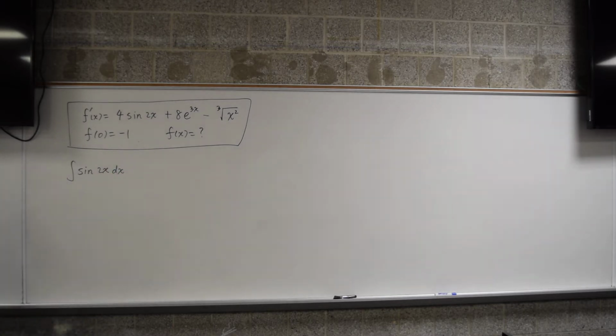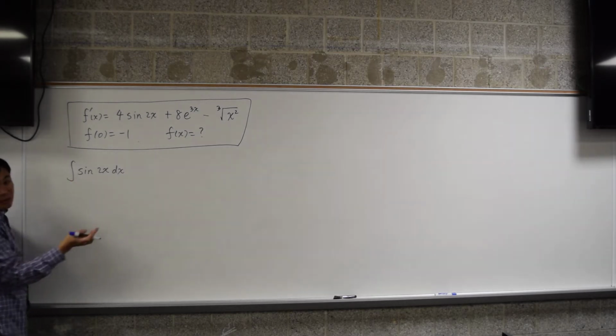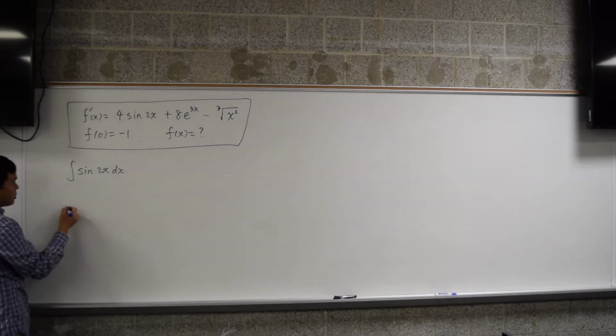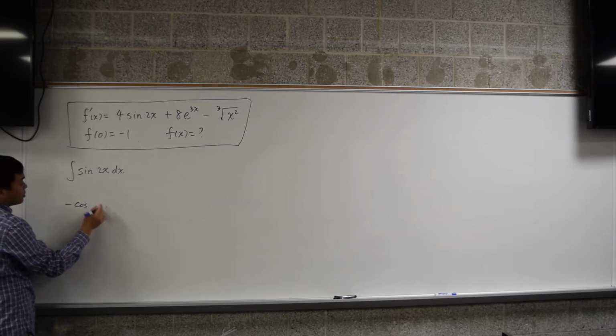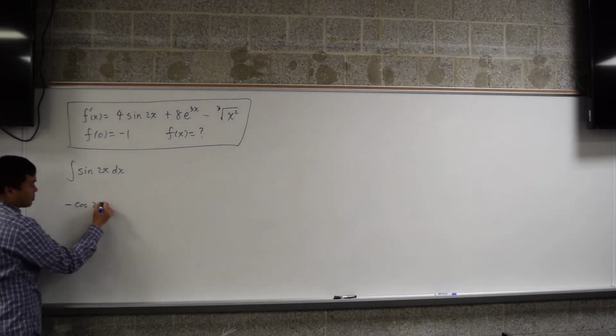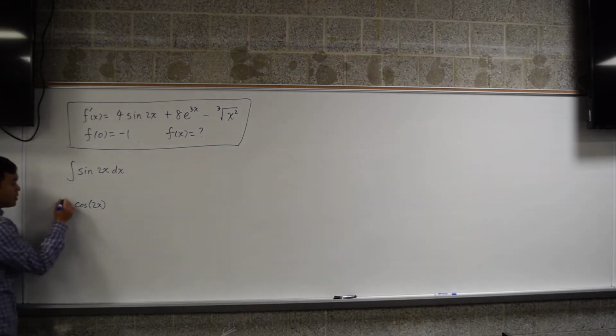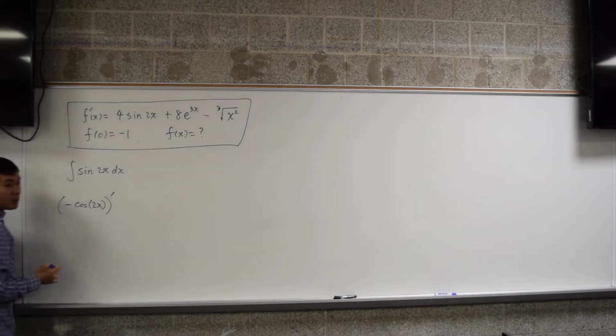Well, I know that sine comes from negative cosine, right? So we can try out negative cosine. And since there is a 2x inside, we better have something like 2x inside also. Now if we try to differentiate this, we realize that because of the chain rule, there's something in front, right? So what's that?